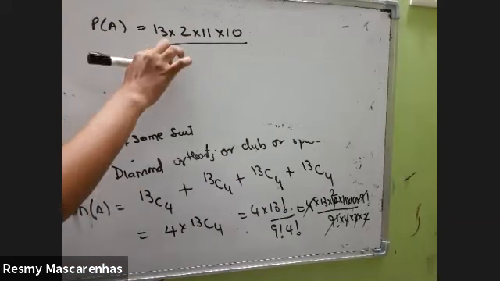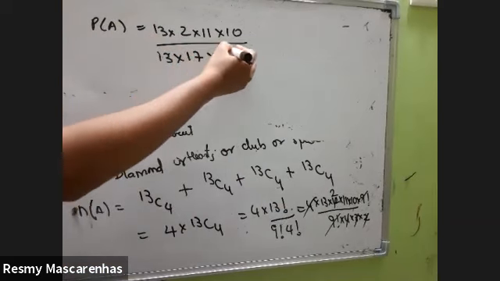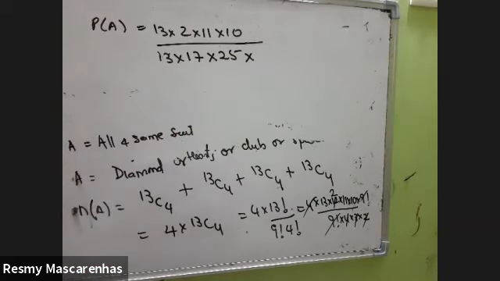This was how much? 13, 17, 25, and something was there. What was over here? The sample space. Can anyone tell me?